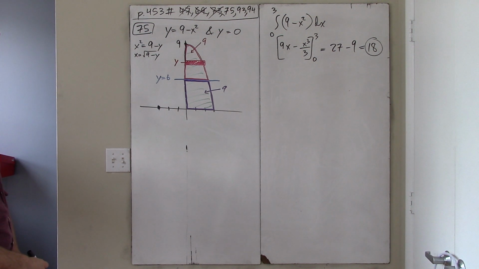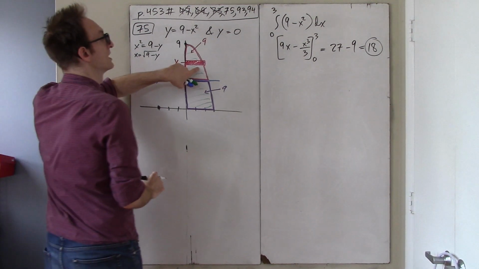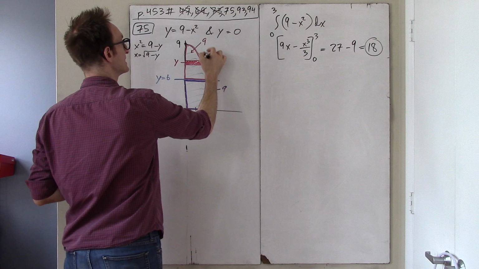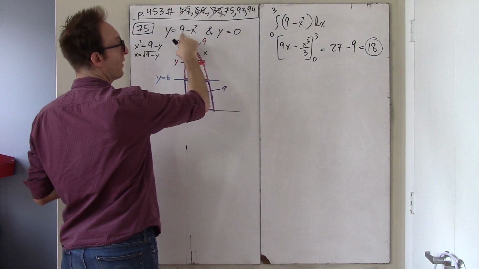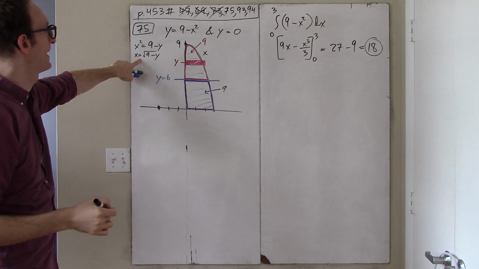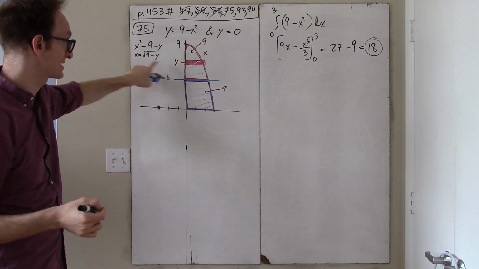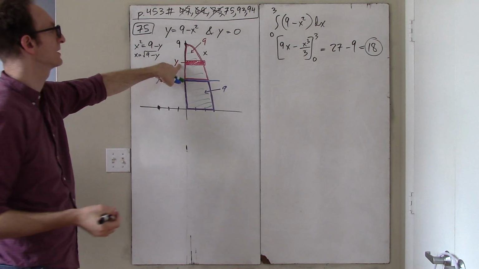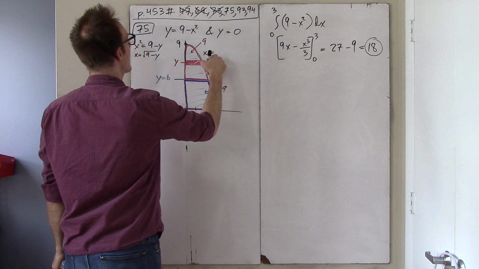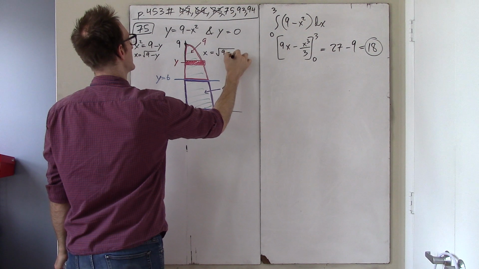Right, this parabola is represented by the curve y equals 9 minus x squared, but what we need is a formula for the x-coordinate as a function of the y-coordinate, because I'm being given an arbitrary y value, and the answer is that for any arbitrary y value, x is just root 9 minus y.